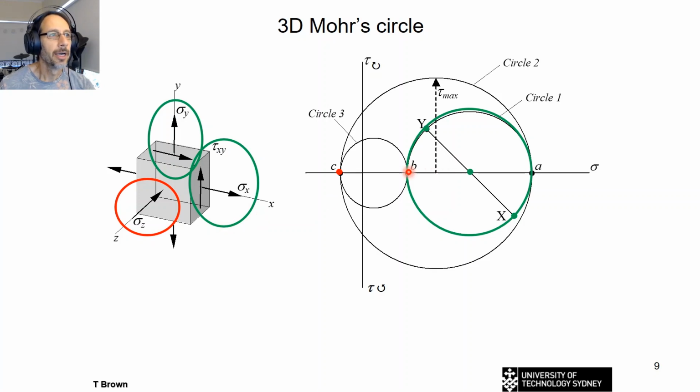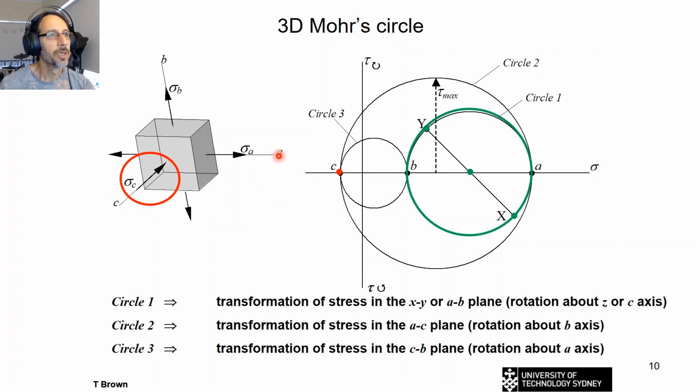So before we do that, we need to rotate this XY state of stress into our principal stresses in that plane, principal stress A and principal stress B in this XY plane. So let's do that. This is where we get to.